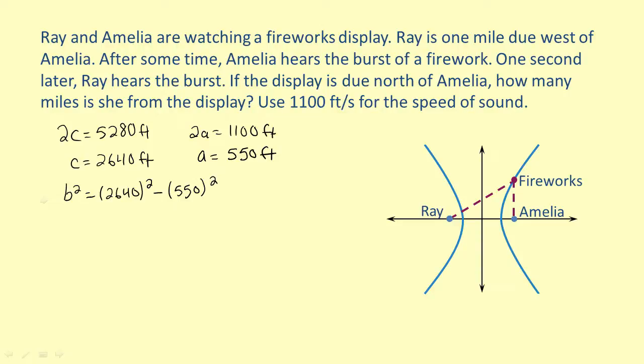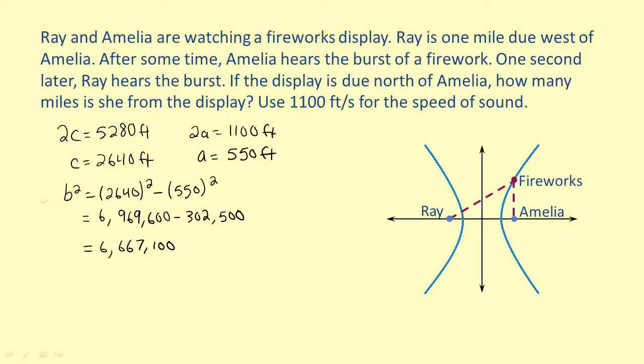After squaring, this gives us 6,969,600 minus 302,500. Once we subtract, we get 6,667,100.